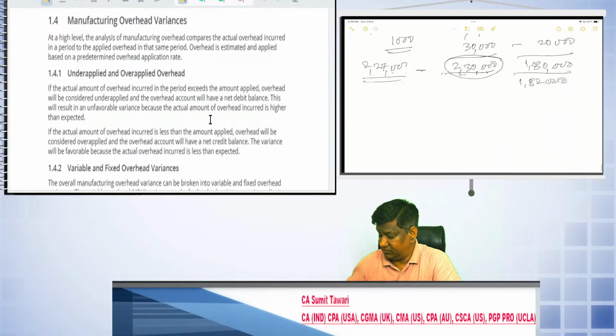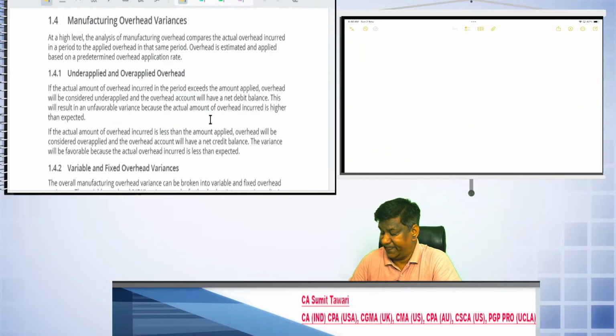Okay, I'll try to explain in a simple way. See, we decided that $10 we need to absorb on the cost of material or the production unit per unit, as an overhead.